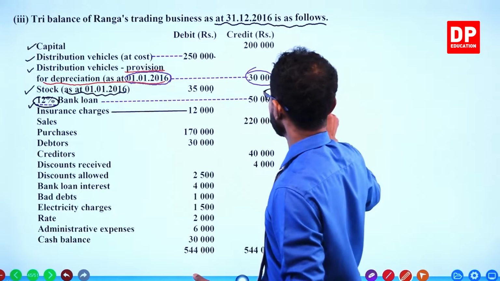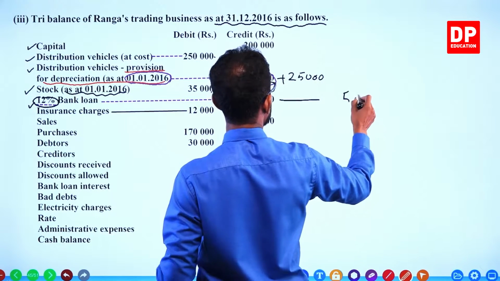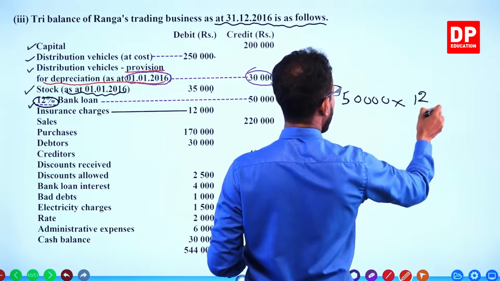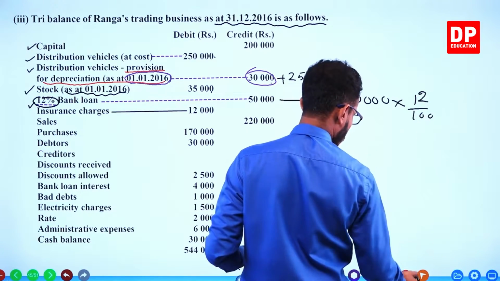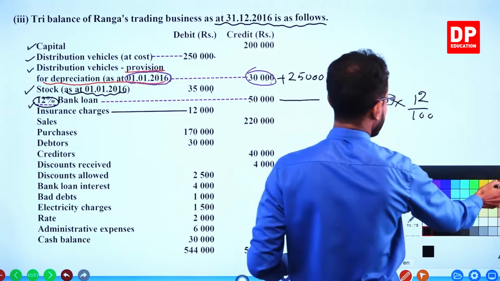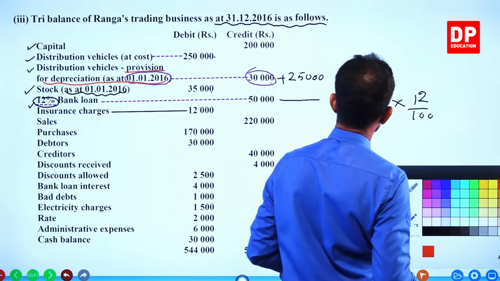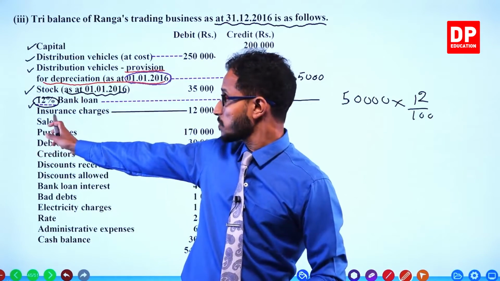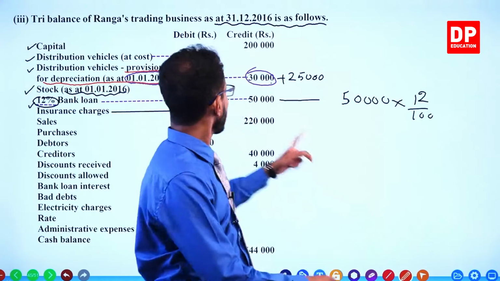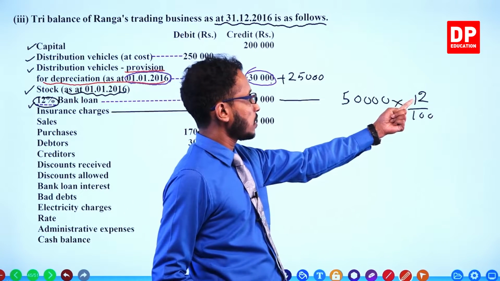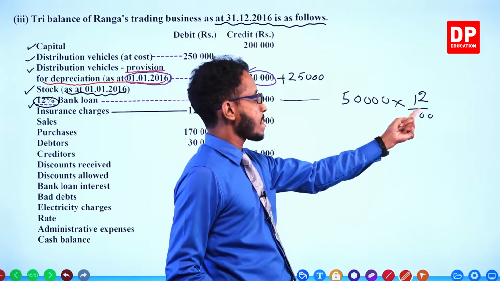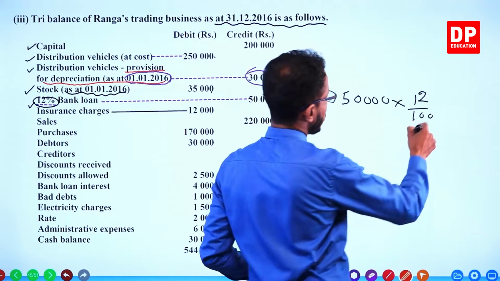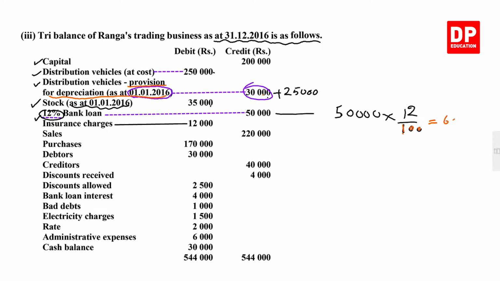Let's take the interest. 50,000 multiplied by 12 over 100. This one, I'm talking about this one. 12% bank loan. Out of 50,000, you should calculate 12 over 100. And the answer is 6,000.